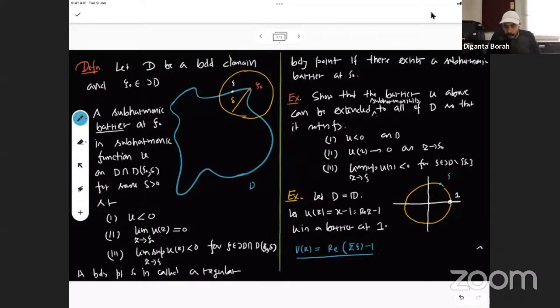You can easily check this. Again, it's a harmonic function, right? Because z bar is an anti-holomorphic function, and then you are taking the real part. Zeta is constant here. So this will be a barrier at zeta.